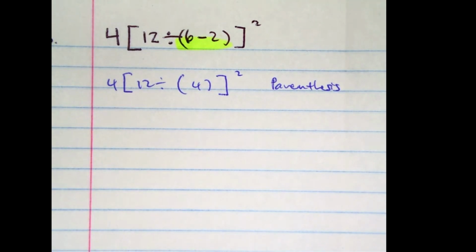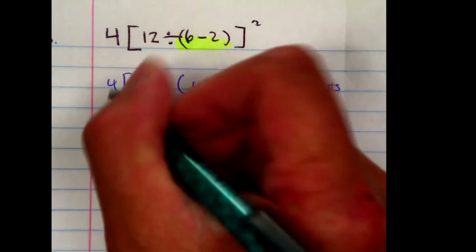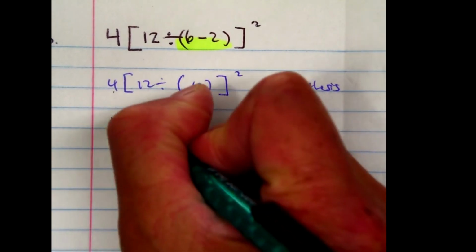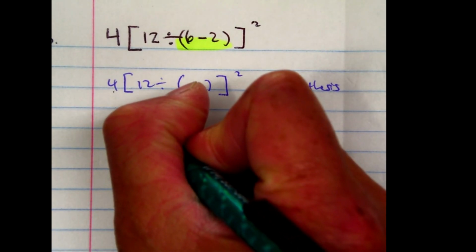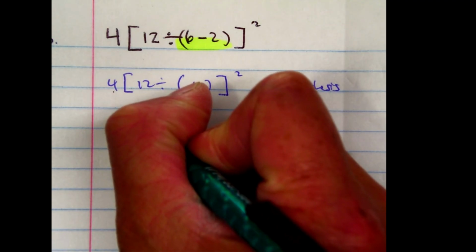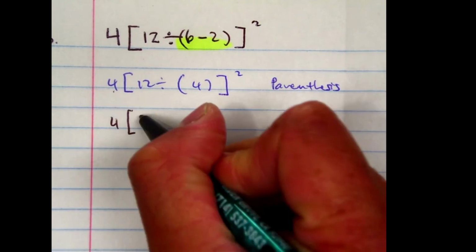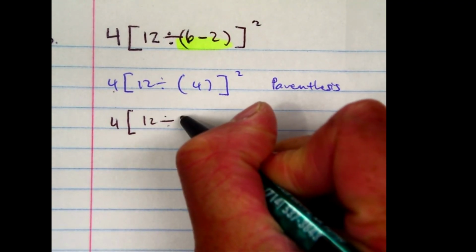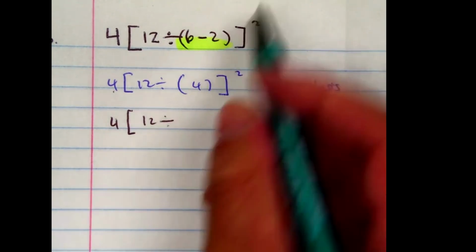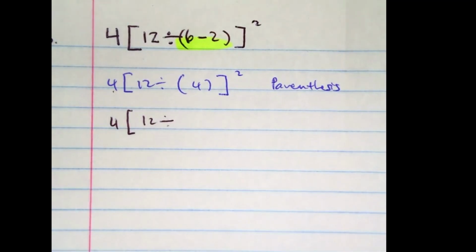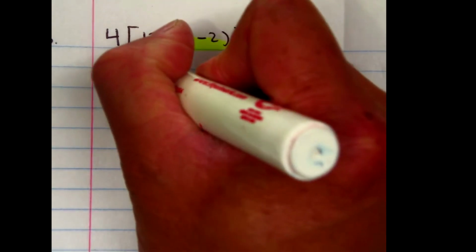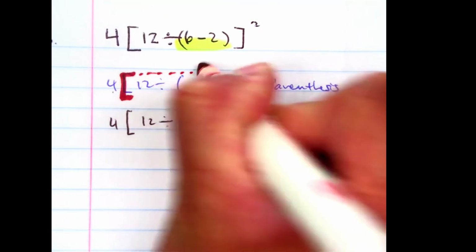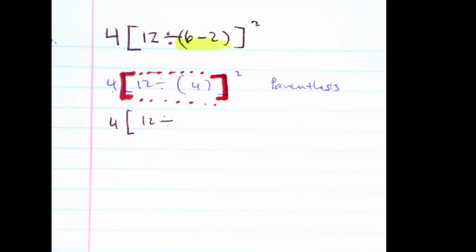Jocelyn, what should I do next? Tell me what to write. Bracket? So our brackets are going to tell us we kind of want everything inside that red box first.